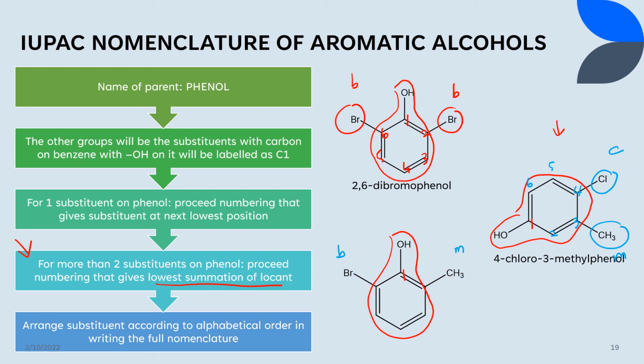So by considering that factor, this carbon will be carbon number 2, 3, 4, 5 and 6. Bromo, B, is at position two, methyl, M, at position six. So when you name it, it will be 2-bromo-6-methylphenol.